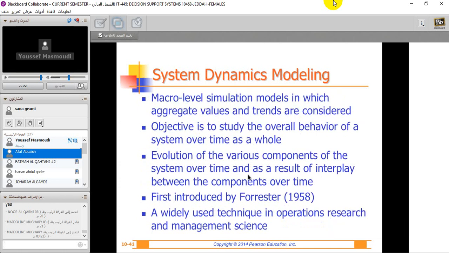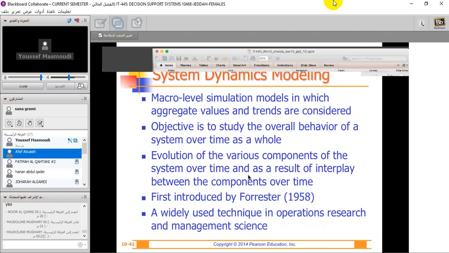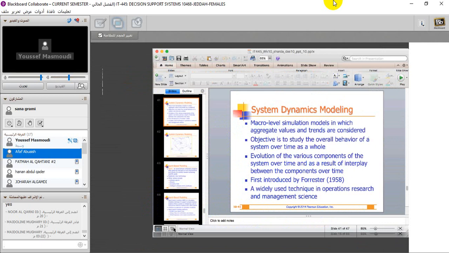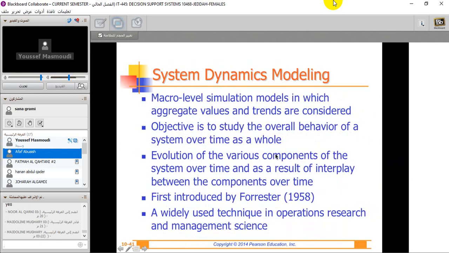System dynamics modeling: macro-level simulation models in which aggregate values and trends are considered.